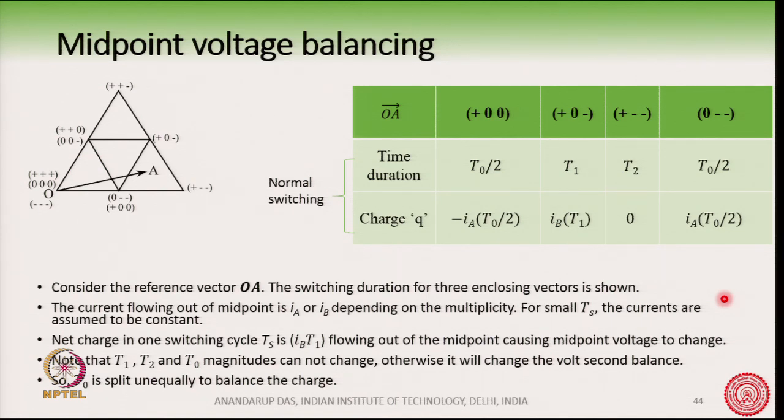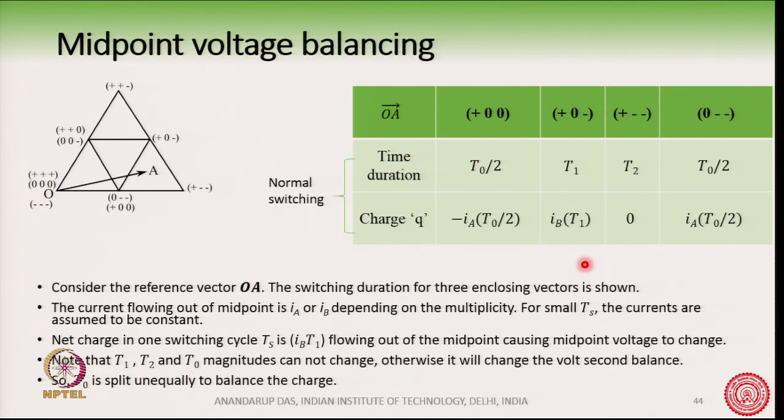So, if you add all this in one switching cycle Ts, this term and this term will cancel, so that the net charge which is flowing out of the midpoint will be equal to Ib times T1, right. This is what is going to cause the fluctuation in the midpoint voltage.